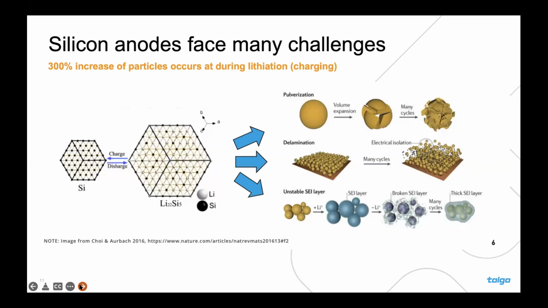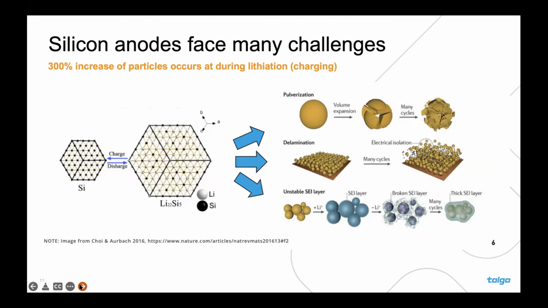Your silicon particles expand. They can break down and create lots of small particles. Your film that you've carefully created as the electrode, when it expands, delaminates or comes loose, and some parts of your film become electrically isolated and not usable any longer.